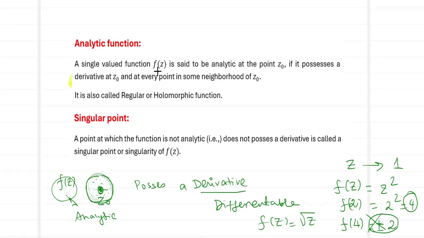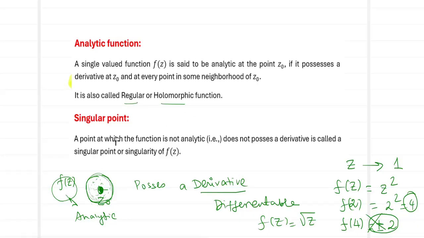So a single valued function, if it has a derivative at this particular point and also in the neighborhood of the point, then you call the function an analytic function. The other names for analytic functions are regular function and holomorphic function.